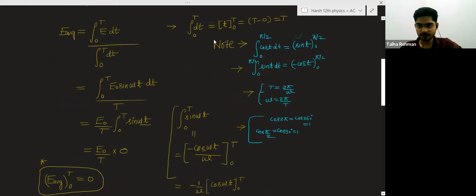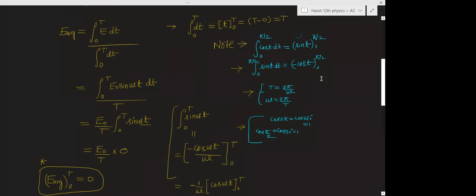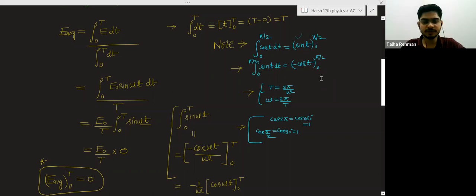So write down these things also, okay? Yes, for just remembering the formulas of integration.